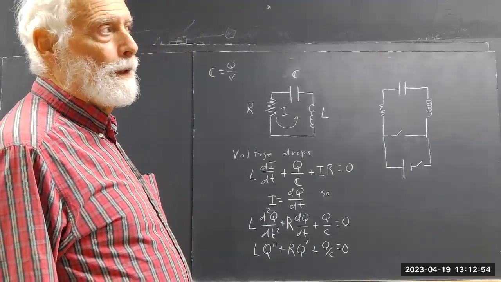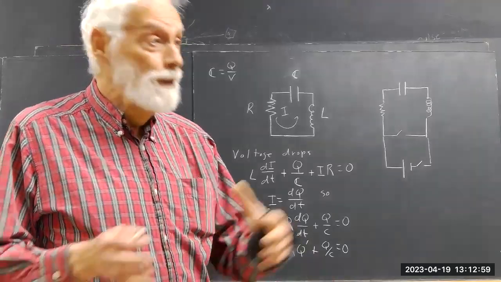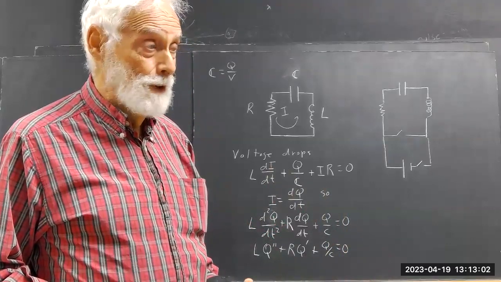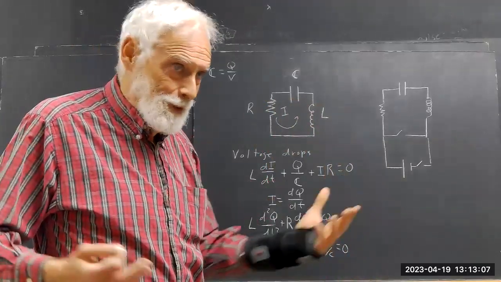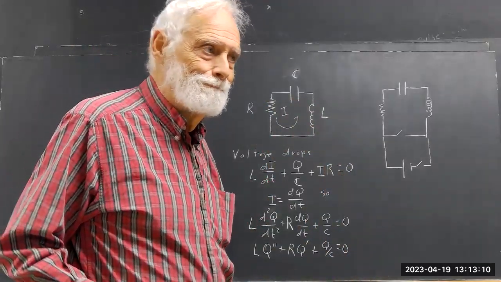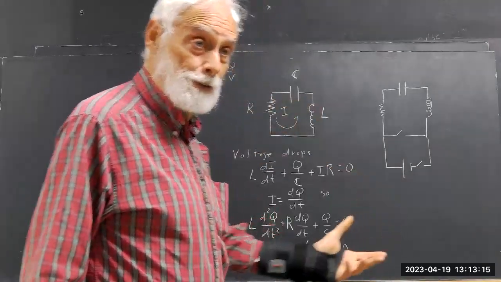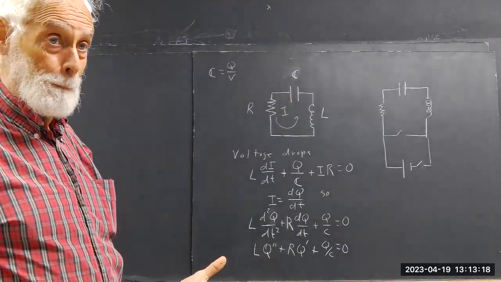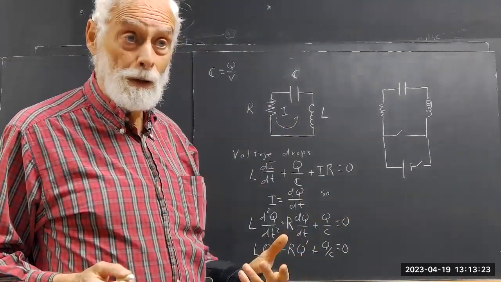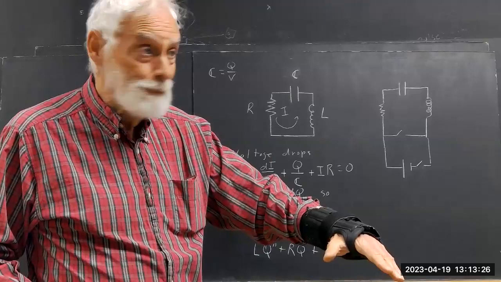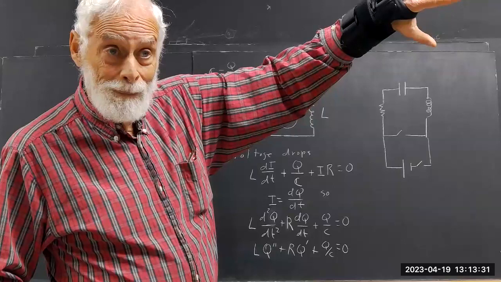Now, interpreting three different cases, you have a repeated solution for r, a complex solution, or just a pure real solution. And that becomes important depending on the relative size of the R, L, and C. If you have pure negative values of r, you have an exponentially decreasing charge. With positive values of r, you have exponentially increasing charge.